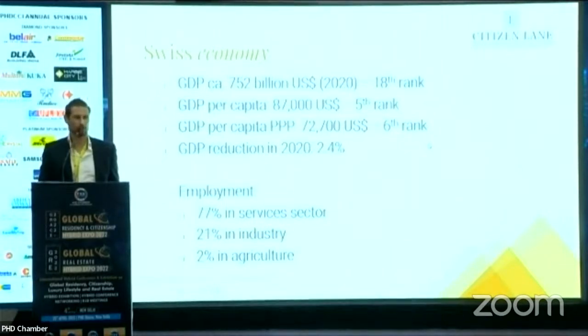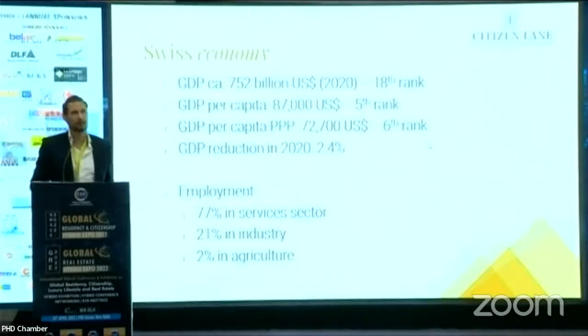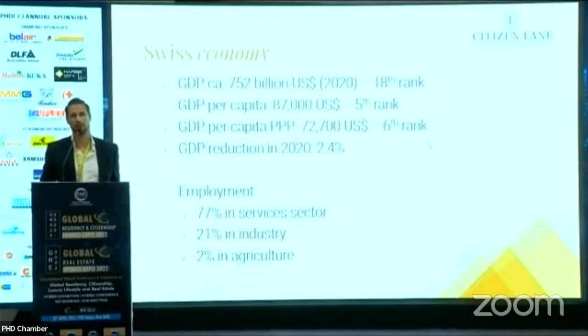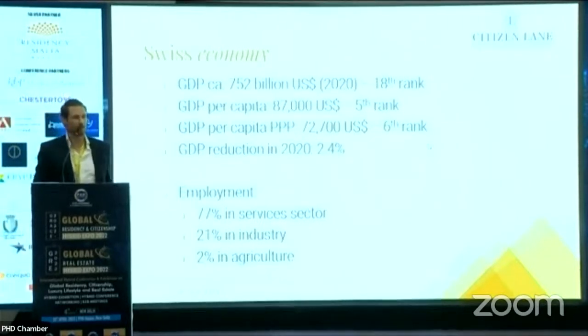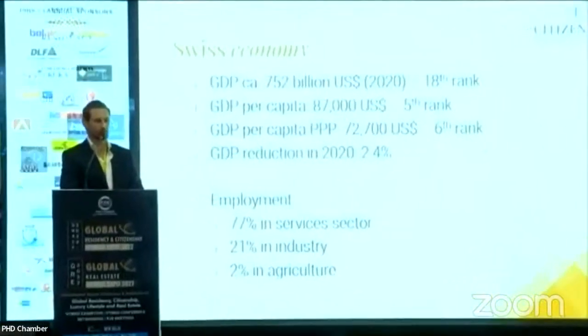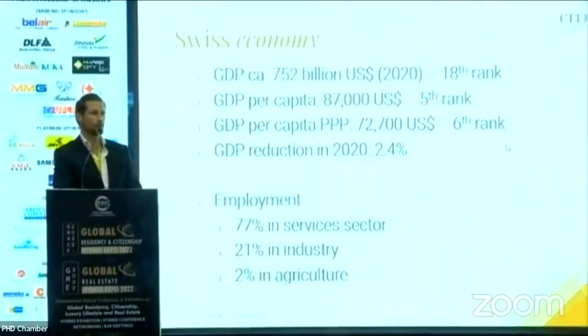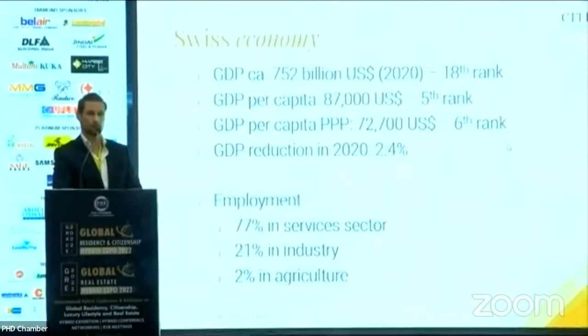One of the benefits, if you want to say, is that everybody was struggling in the COVID crisis, in Switzerland as well. And in that crisis, Switzerland got along with a small cut of 2.5% in the GDP. Then a little bit about the distribution of workers. 70% of the workers work in the services industry.